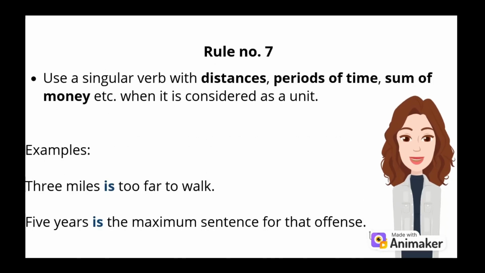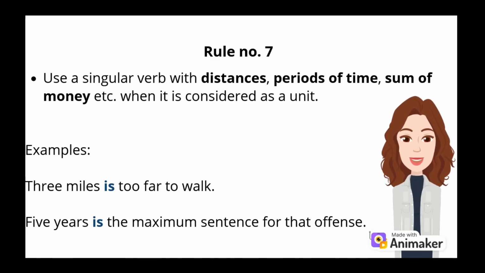Now that you have completed these exercises, let's delve into our next grammar rule. We use a singular verb with distances, periods of time, sums of money, etc. when they are considered as a unit. For instance, when treating a distance or a period of time or sum of money as a single entity, we apply a singular verb.